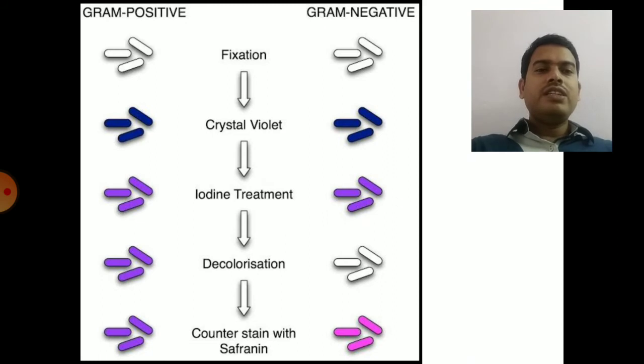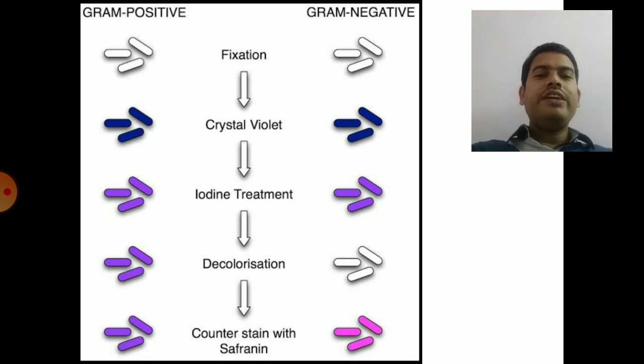So after fixation of the bacterial sample to the slide, you use crystal violet for staining of the bacteria. Crystal violet is spread over the slide and kept for 30 seconds. After that you wash off the crystal violet, and then you treat with iodine for again 30 seconds, and you wash under running tap water.